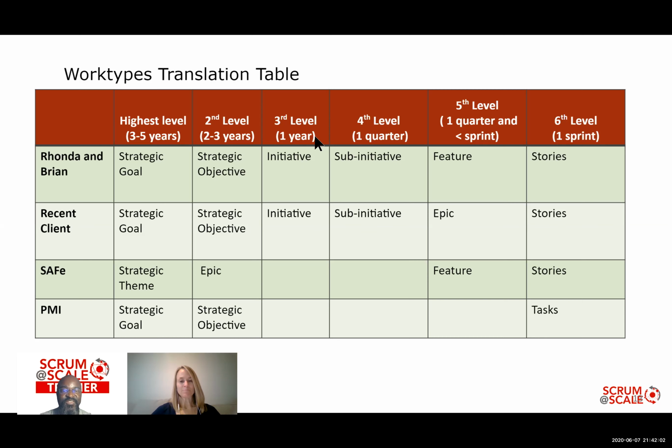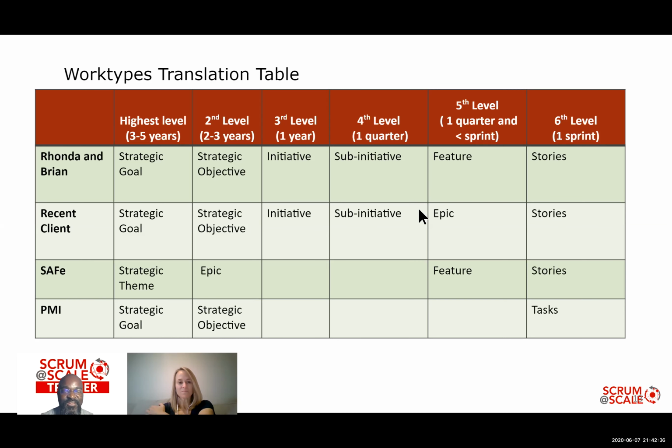Then we went from an initiative being developed in a year to our sub-initiative being developed in a quarter. And our feature is just something that's bigger than a sprint, but it's got to be less than a quarter, or else it'll be a sub-initiative. And then you can see our stories are even smaller than that. So progressively the work types get smaller and smaller. So they get decomposed. And that way we can assign them to different levels of our organization.